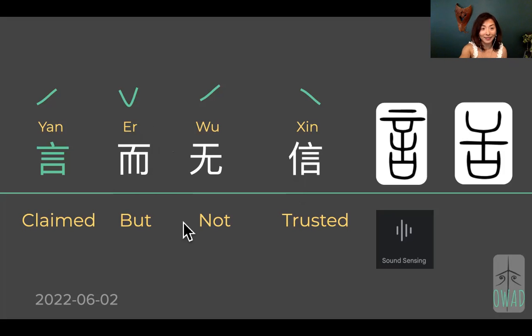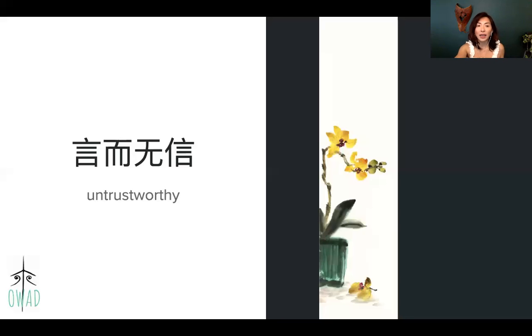That's the full meaning. 言而无信 a lot of times just means people say something, but we really discredit what they say, probably because from previous experience, what that person said was proven untrue. So it's not trusted. 言而无信 is really, really bad in contemporary interpretation, really bad PR, right?